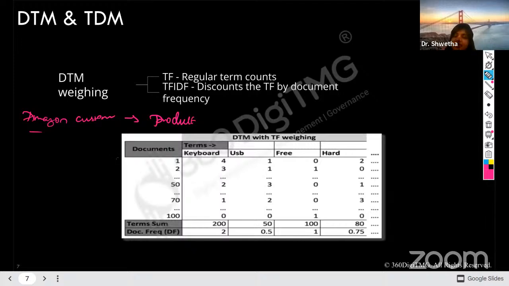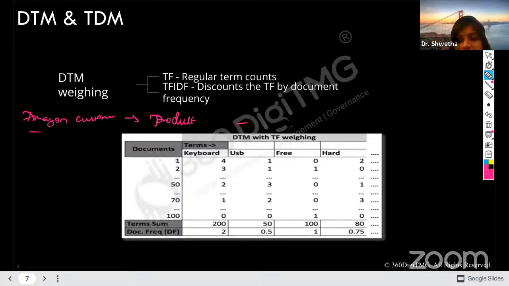All the text data from those reviews you gather in one place, and you're trying to understand the importance of each word in it. So you have a collection of documents.